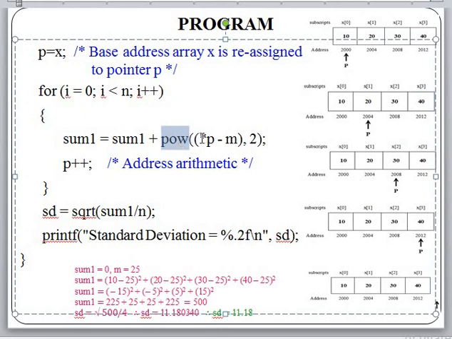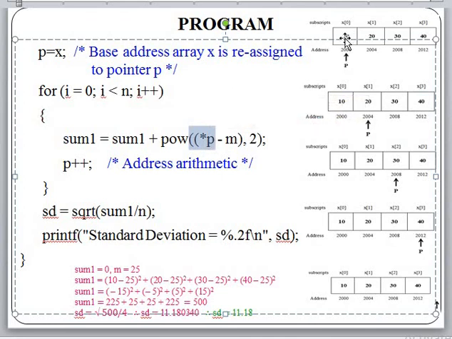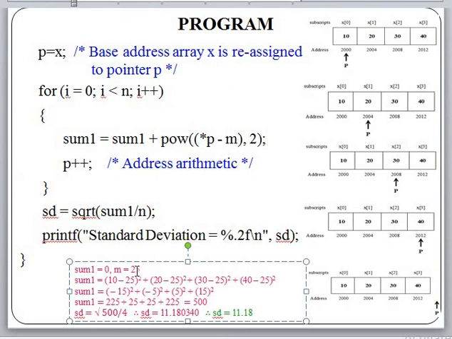In this case, star p is the pointer pointing to a value, for example 10, minus m, which is the mean value we calculated in the previous iterations, it is 25. Mean is calculated and right now m equal to 25.